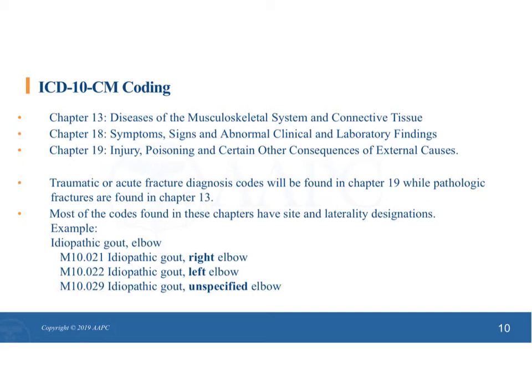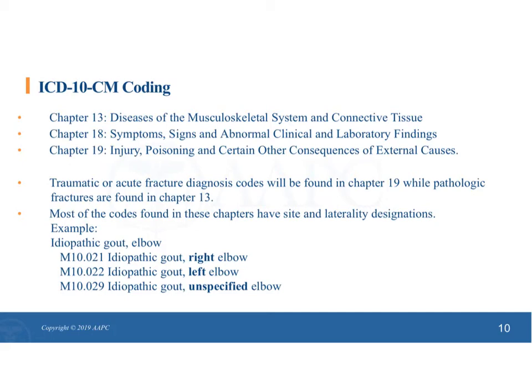When more than one bone, muscle, or joint is involved, there is a multiple sites code available, such as M12.59, which is used for traumatic arthropathy multiple sites. When a multiple sites code is not available, multiple codes should be used to indicate each of the different sites.